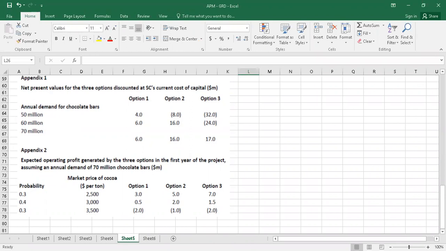So there are three options given for market price. There are three options for the factory building size. So when we look into that, the calculated operating profit for each of the scenarios is given to us. So we see 3.5 and minus 2, 5, 2 and minus 1, 7, 1.5 and minus 2.